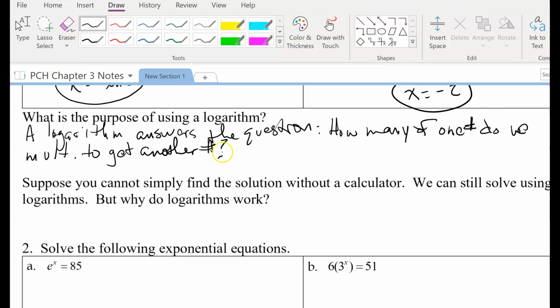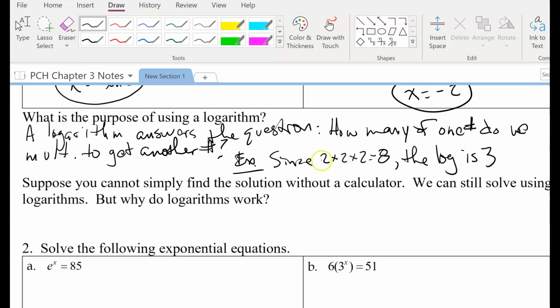Alright, so for example, since 2 times 2 times 2 is equal to 8, the logarithm is 3. We have to multiply 3 2's to get 8.